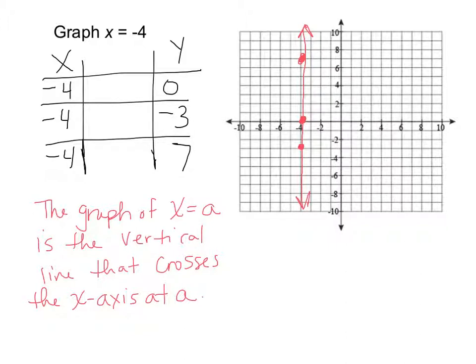So from now on, when you see x equals a number, for example, what if I ask you to graph x equals 5? All you have to do, instead of forming a chart, is go to where x is 5, put that point, and then draw the vertical line through it. And that'll be it.